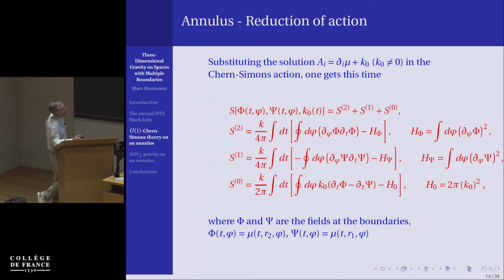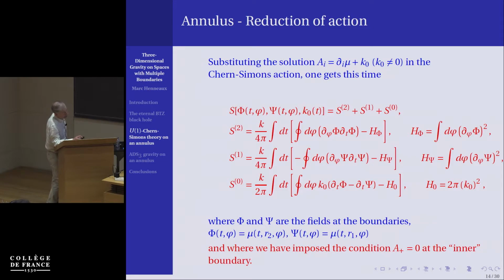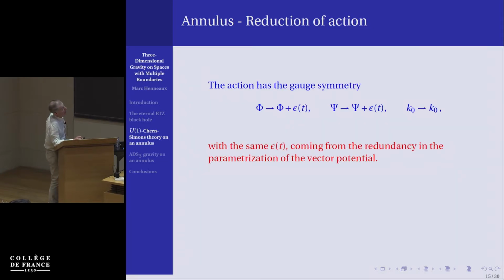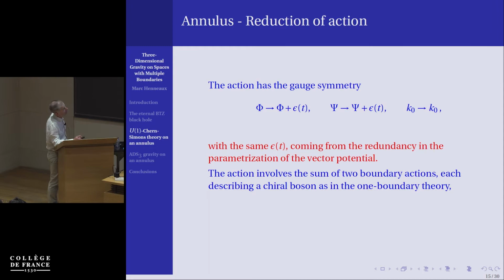But you see that in order for that to be invariant, you have to take the same shifts for phi and psi. Otherwise, the action would not be invariant. But that's normal because it corresponds to the shift of that single function mu. So that's gauge invariant, and that corresponds to a redundancy in the description of the theory.